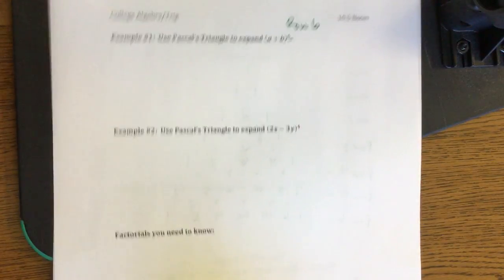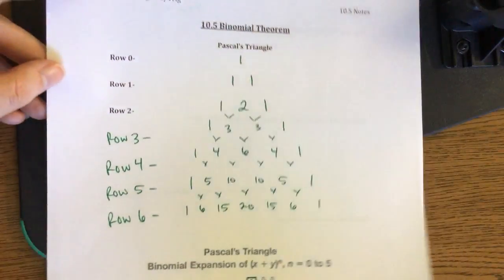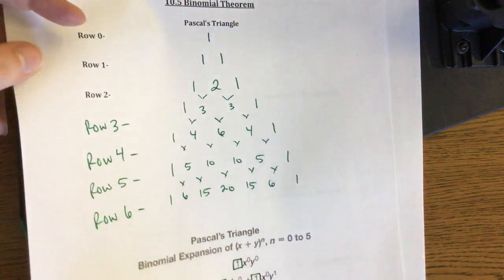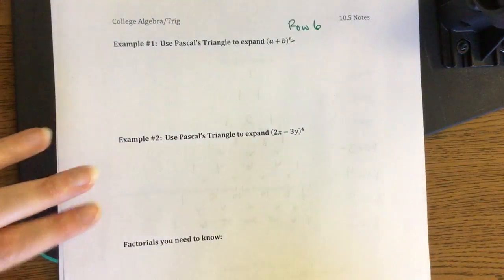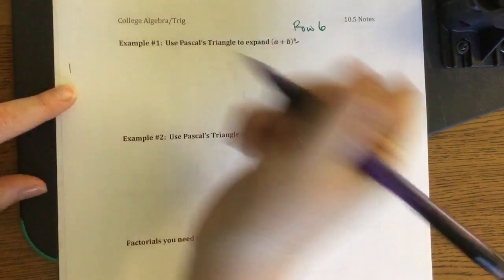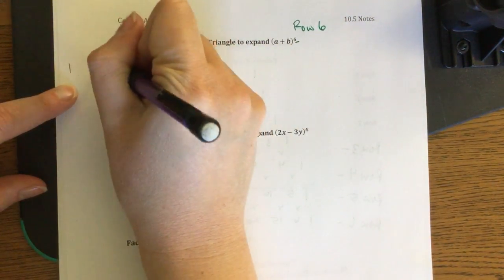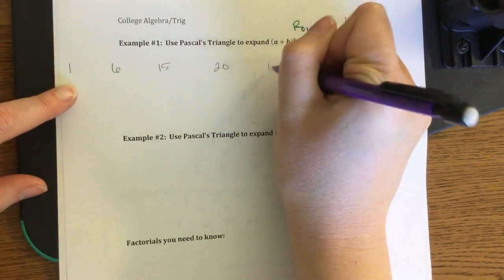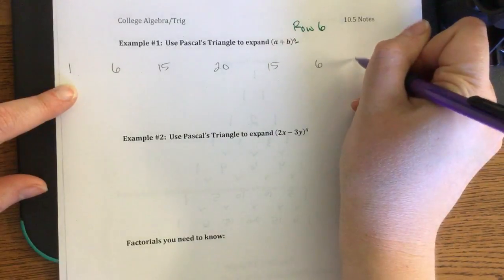So then I need to revert back to, what are my coefficients? 1, 6, 15, 20, and so on. I'm going to start writing in pencil in case this gets a little crammed. So I'm going to start with 1, 6, 15, 20, 15, 6, and 1.